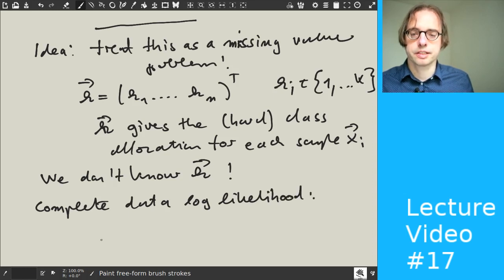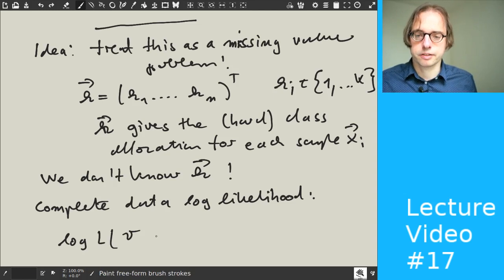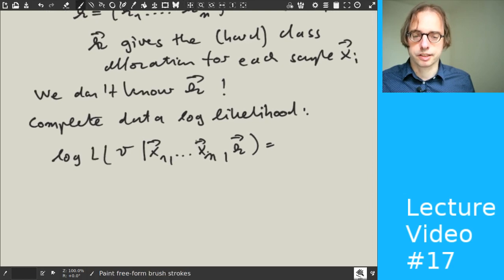With the complete data log likelihood we have the log likelihood of theta given x1 to xn, our data points, plus the vector k, and now we get a much nicer log likelihood.